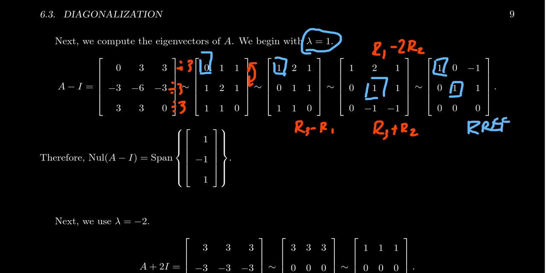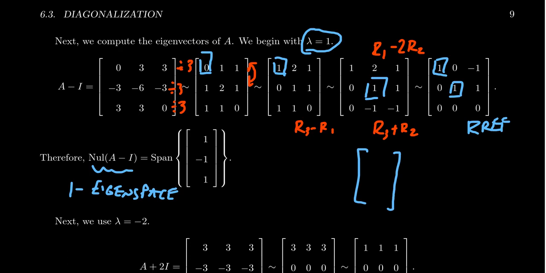And so once this matrix is row reduced, we can identify a basis for the null space, because after all, the eigenspace, this right here, is our eigenspace. This is the 1 eigenspace. And it's the null space of the matrix A minus I. So we want to find a basis for that. Your basis for the null space will correspond to the free variables.